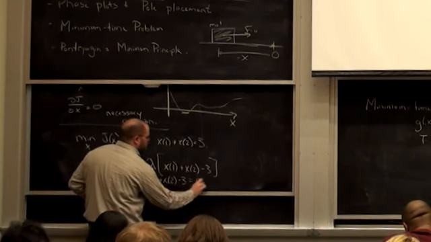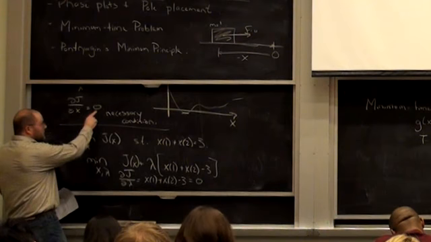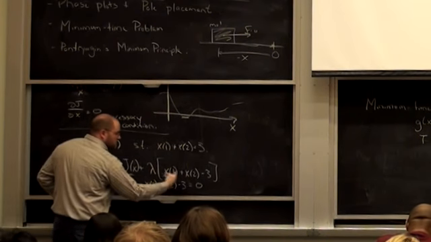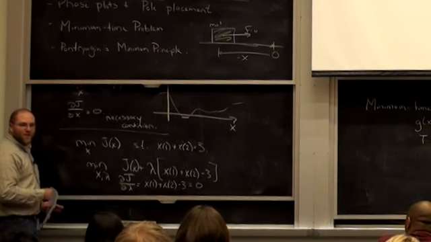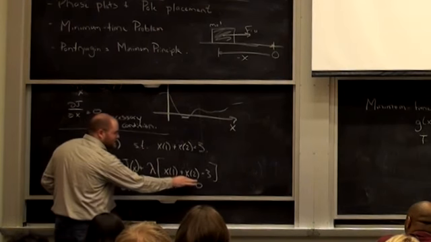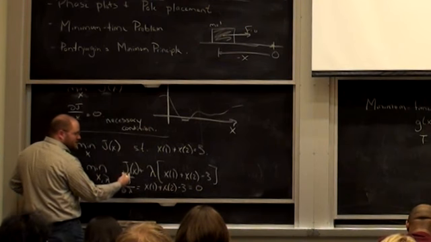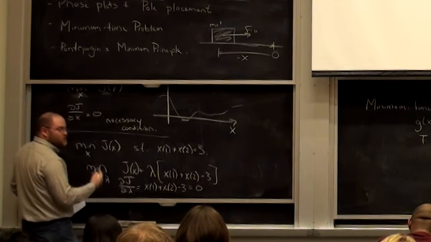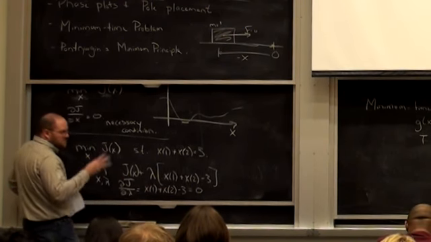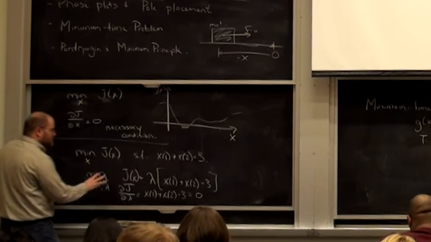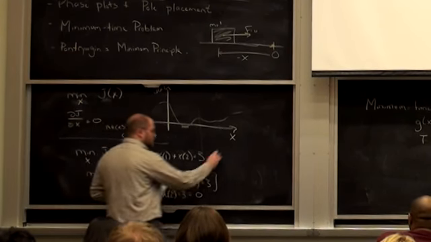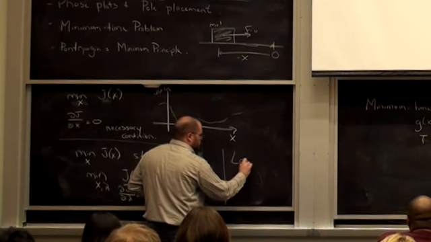If that equals 0, which is the condition I'm looking for anyway for the minimum, then not only have I satisfied my constraint, but the remaining minimization is the constrained solution to that optimization. The Lagrange multiplier method is very, very useful. If you don't know it, look it up. It's very good.